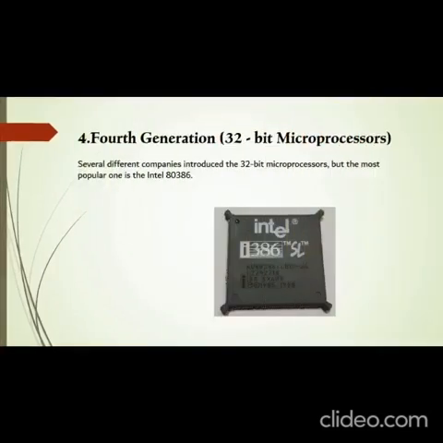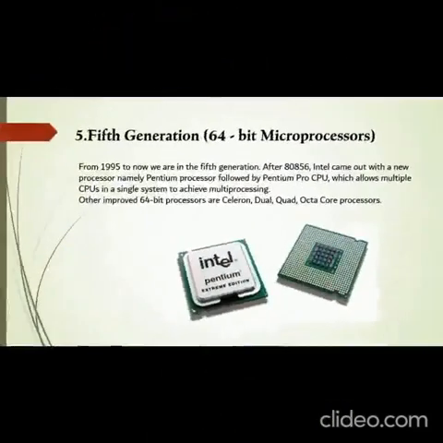Fourth generation 32-bit microprocessors. Several different companies introduced 32-bit microprocessors, but the most popular one is the Intel 80386. Fifth generation 64-bit microprocessors. From 1995 to now, we are in the fifth generation.